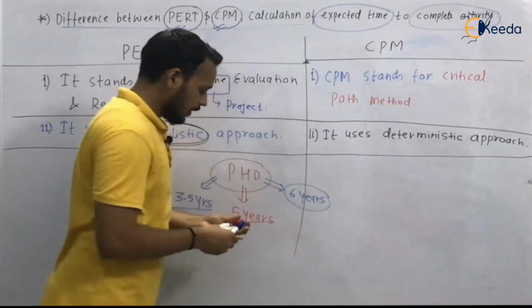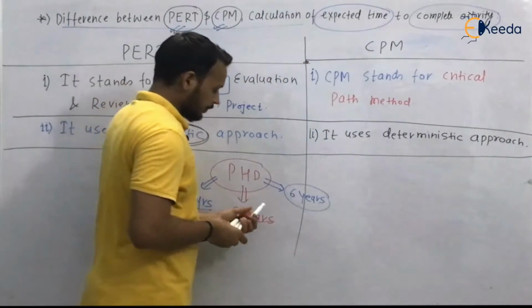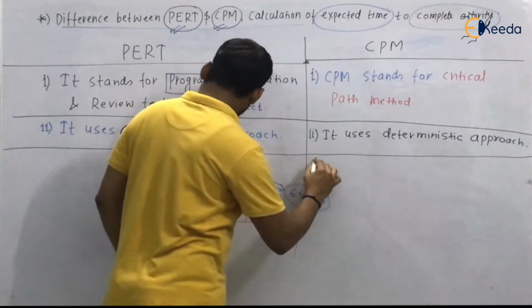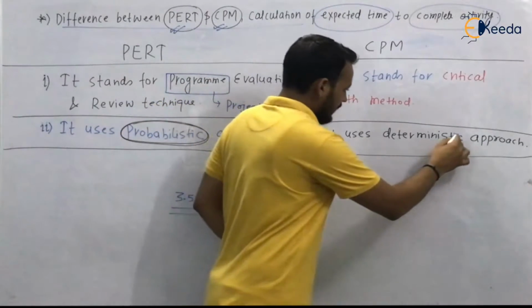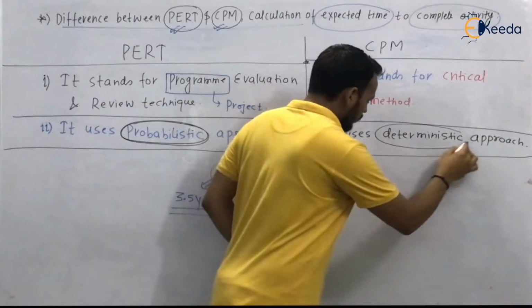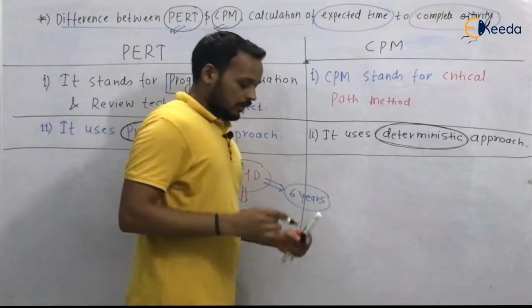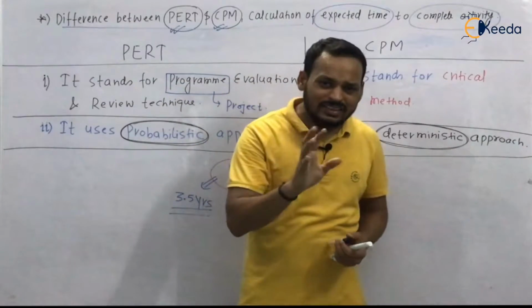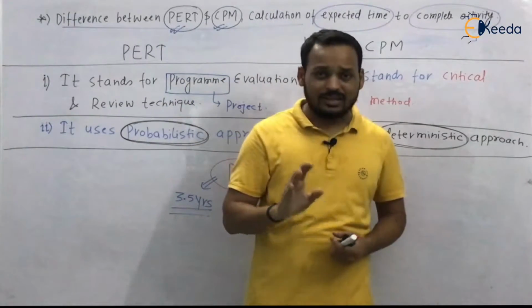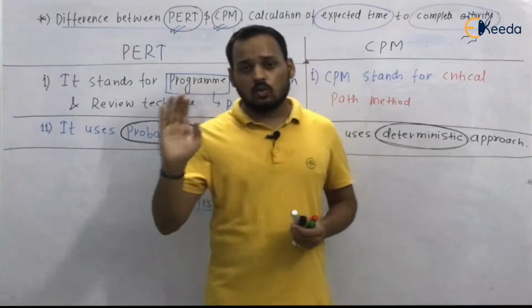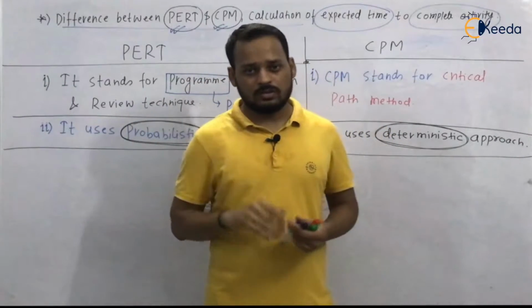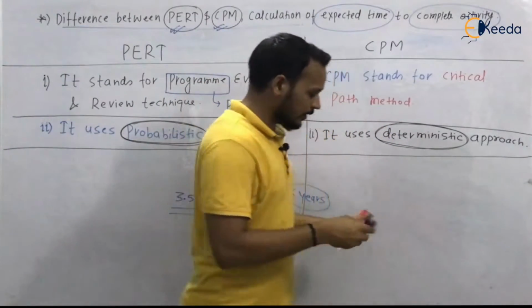But in case of CPM, it is based on deterministic approach. It means you can exactly tell what is going to be the duration of the activity. Like construction of a house.